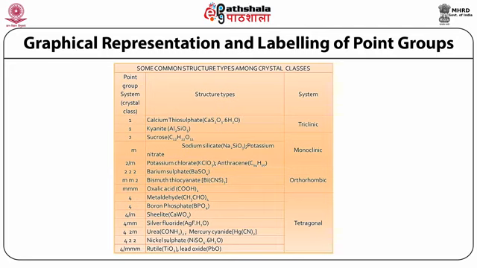Another crystal class is 422. The common structure is nickel sulfate, NiSO4·6H2O. It also falls under the tetragonal system. 4/mmm is another crystal class which falls under the tetragonal system. That is, the common structure is rutile, TiO2, and also lead oxide, that's PbO.